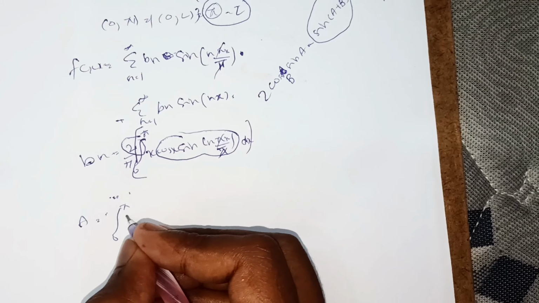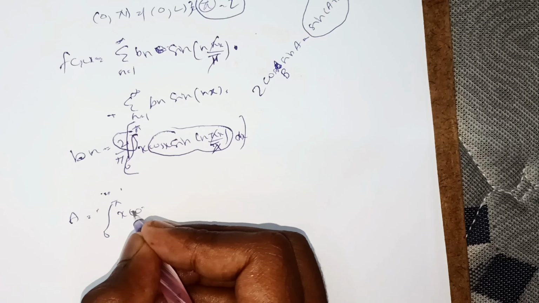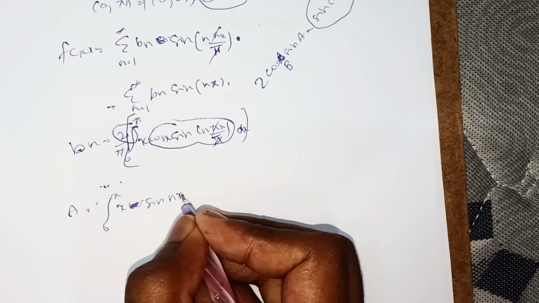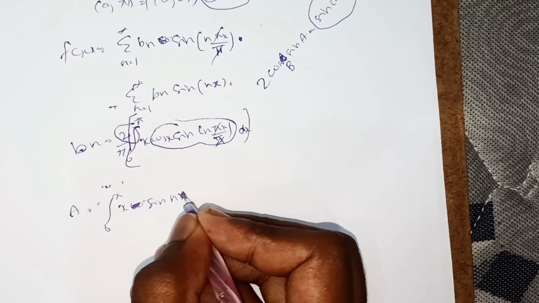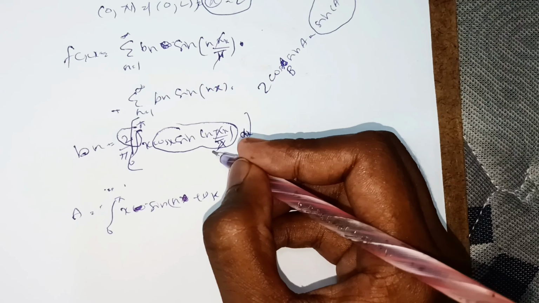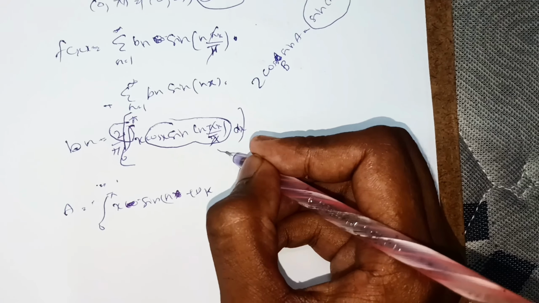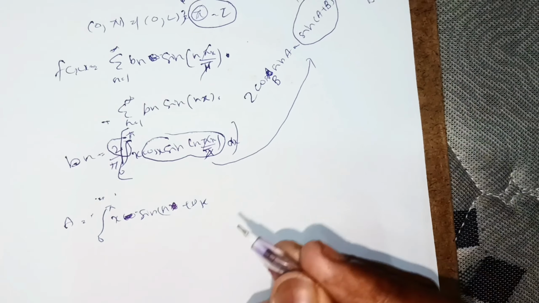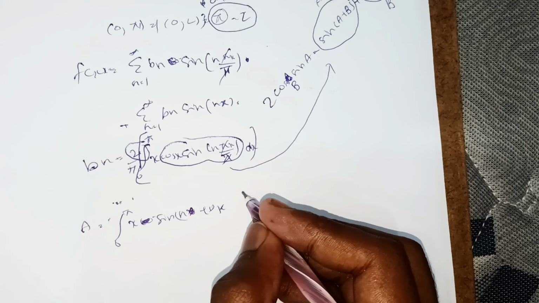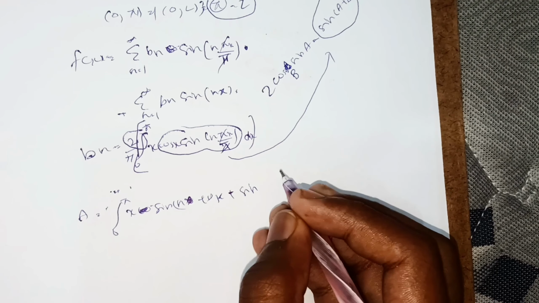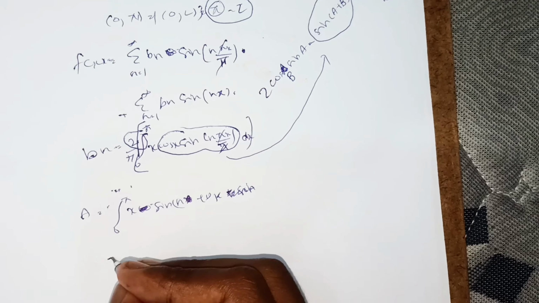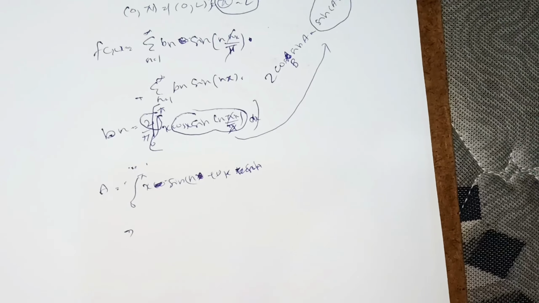So A equal to x cos x sine nx, that is x sine of n plus 1 into x. Here we should substitute n plus 1 and x in the formula of sine of a plus b. So first we should find x sine of n plus 1 into x.